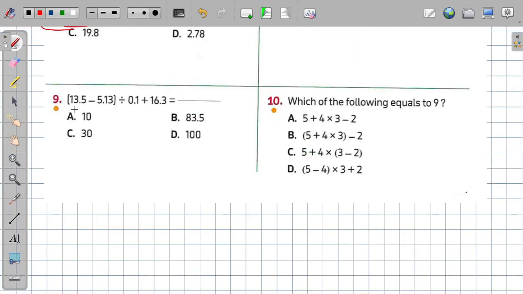Next, I have 13.5 minus 5.13 divided by 0.1 plus 16.3. So let's do what's inside the parentheses first. Okay? So I have 13.5 minus 5.13. Okay?